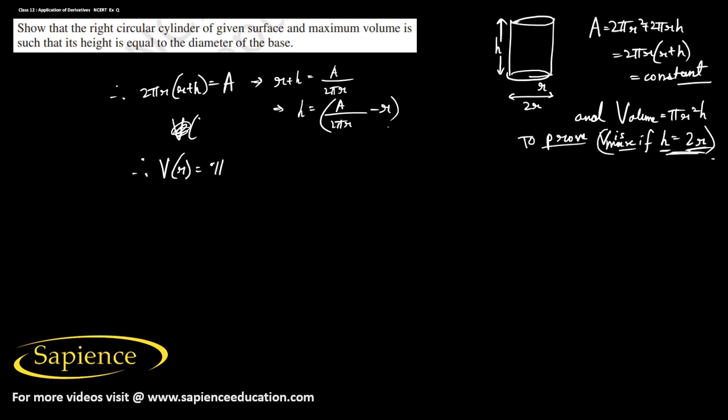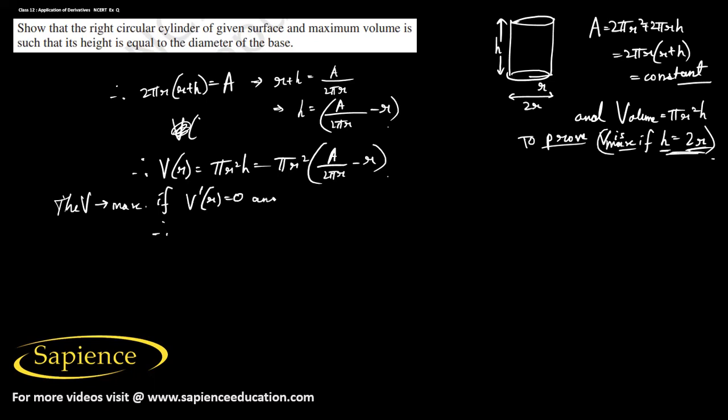We can write it as pi r square h. So that is equal to pi r square into a by 2 pi r minus r. So this volume should be maximum. The volume is maximum if v dash r is equal to 0 and v double dash r is less than 0, then that point r will be called the point of local maximum of the function v of r.